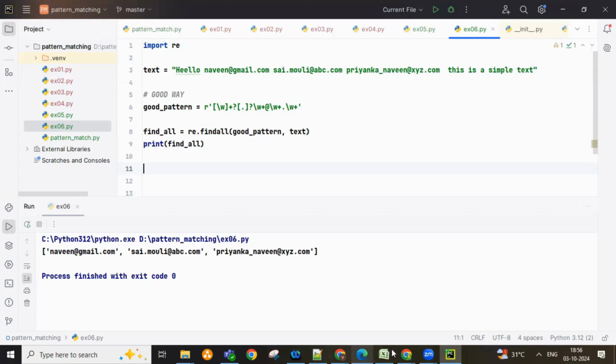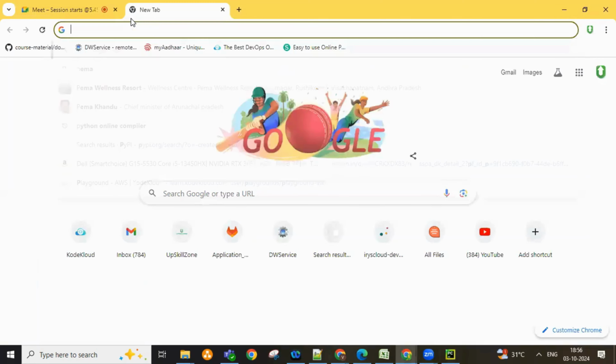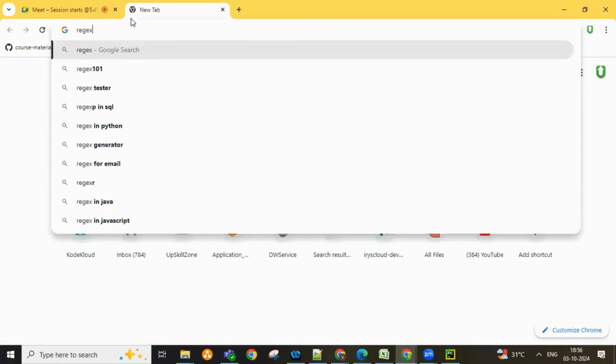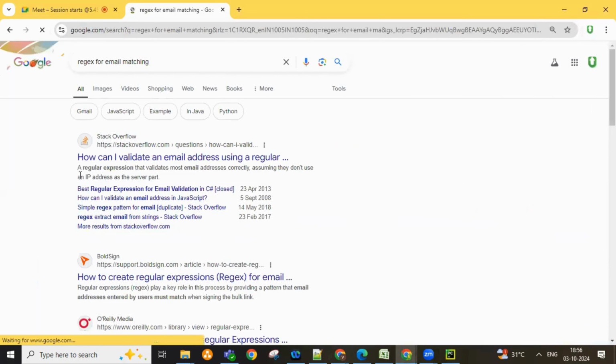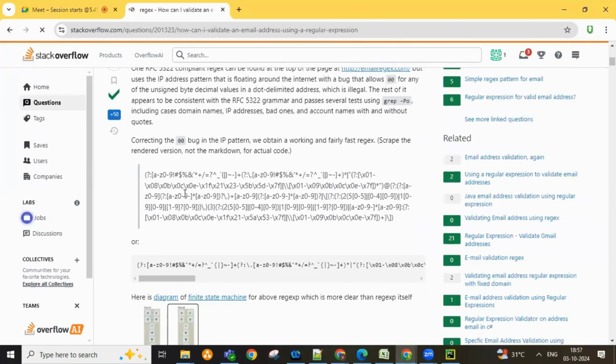Let's say if you go to here, regex email, email matching. How can I validate an email address using regular expression, for example?